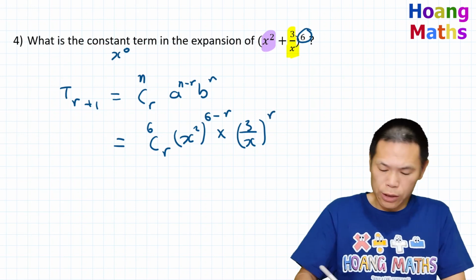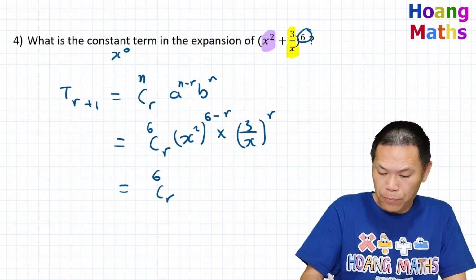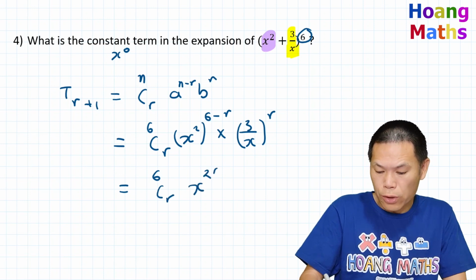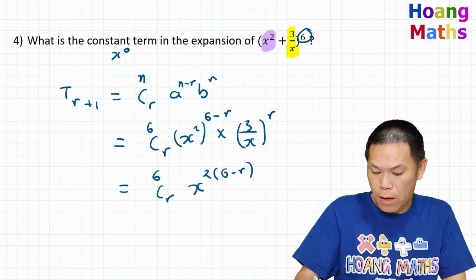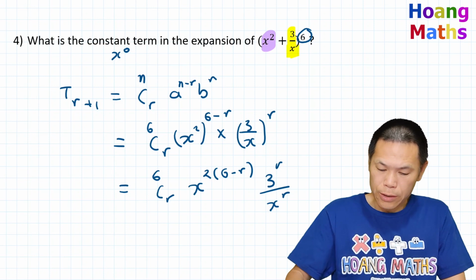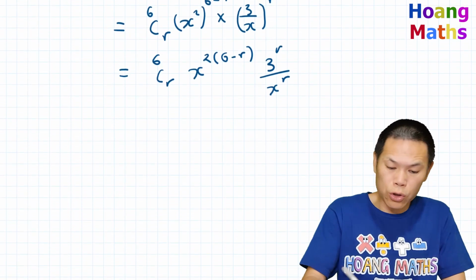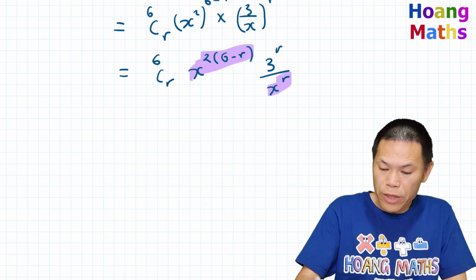And then now we just simplify this. This gives me 6 C R, x to 2 times 6 minus R, and we have 3 power of R, x power of R. Don't forget, we can simplify this with this.